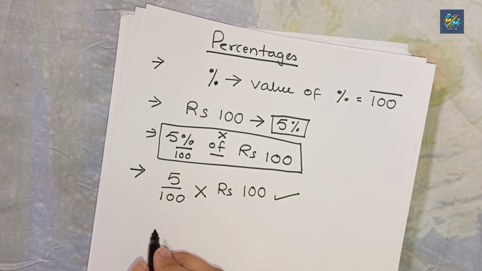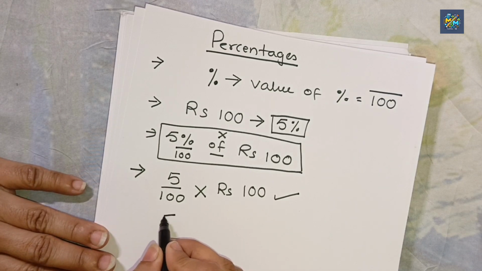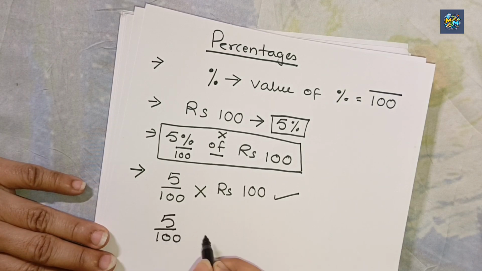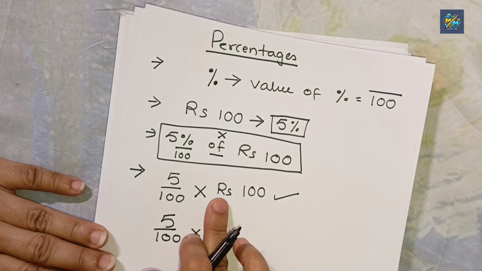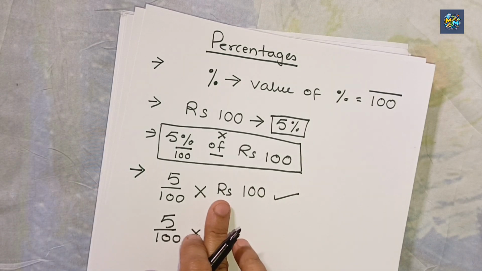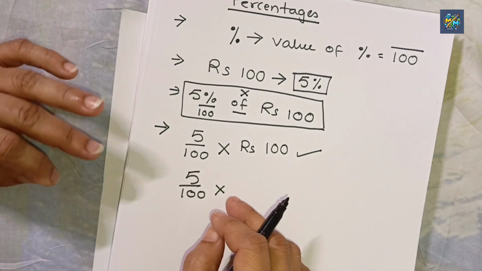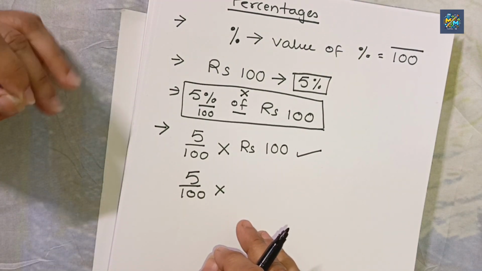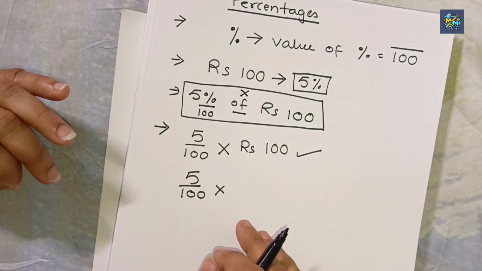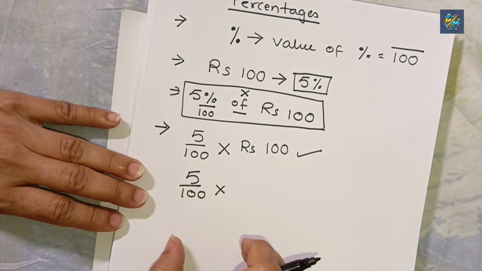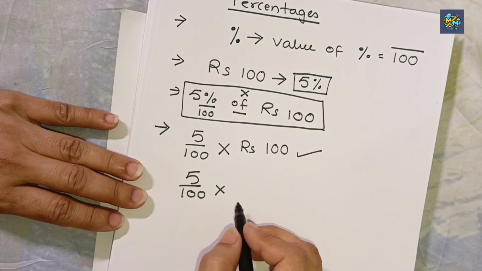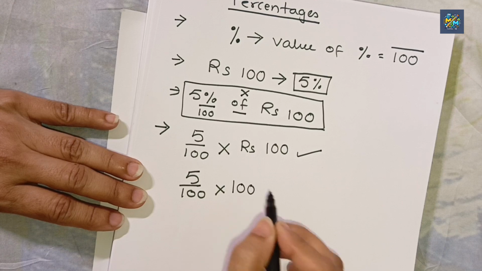Now what I have to do: 5 upon 100 multiply by 100. For the time being I am removing the rupees, but always keep in mind that whenever you are writing the answer, whatever unit is given, it has to be written, or else the teacher is going to deduct the mark. So 5 upon 100 multiply by 100.